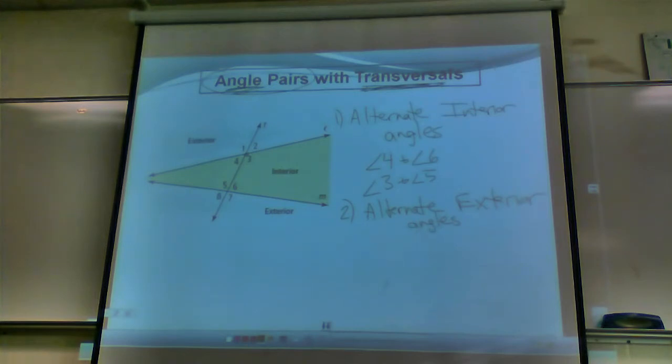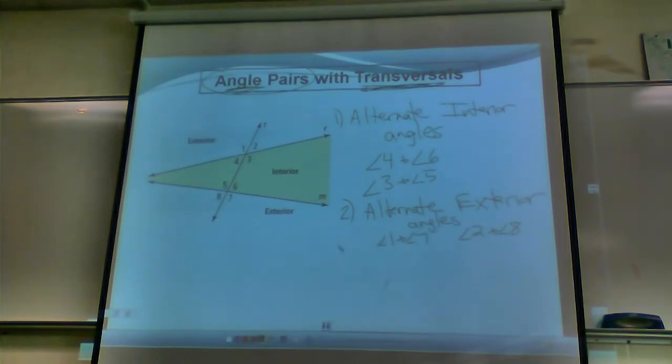What pairs do you think would fit alternate exterior angles? 1 and 7, and then 2 and 8. So 1 and 7 are on opposite sides. One's on the left, the other's on the right, and they're both on the exterior. So is 2 and 8.